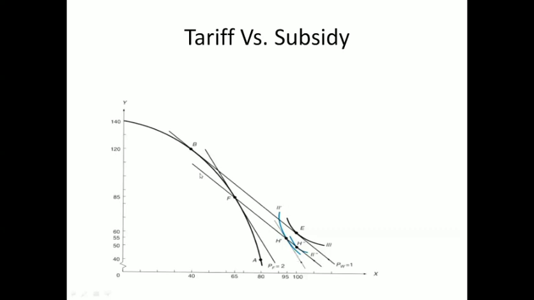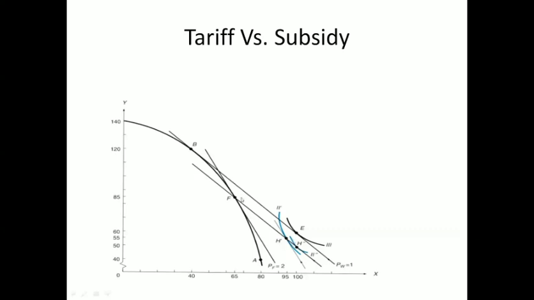Now suppose the country would follow a parallel price line, that is, a line parallel to the exchange rate Px by Py equal to 1. Following the same exchange rate, if the country would intersect point F, then the country is reaching a higher indifference curve than H dash.